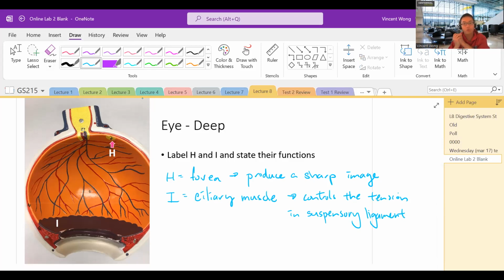Which in turn controls the thickness of your lens. Remember, if you want to look far away, you need a thinner lens. For nearby, you need a thicker lens.